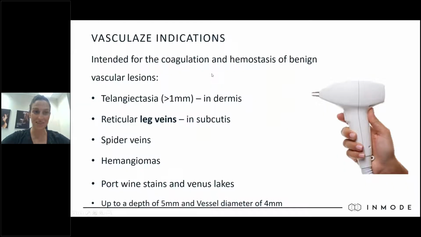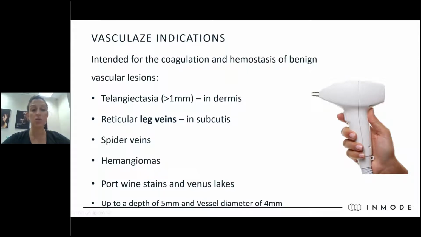So the Vasculaze. The formal indications are coagulation and hemostasis of benign vascular lesions. These may be telangiectasias that are located in the dermis, in the subcutaneous tissue, and most often targeted with the Vasculaze are the leg veins. Within those, the spider veins and different hemangiomas that we can target.